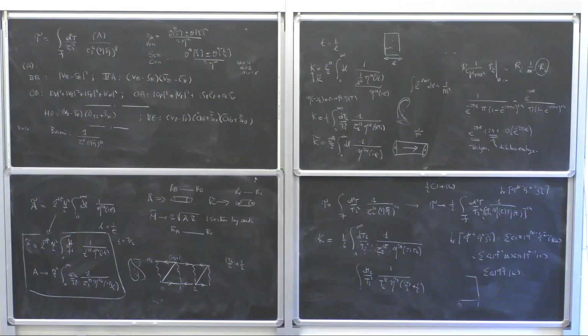So the overall coefficient is determined by this. To be really precise, it's up to a sign, because I'm taking square roots of real quantities, and so they are defined up to a sign.